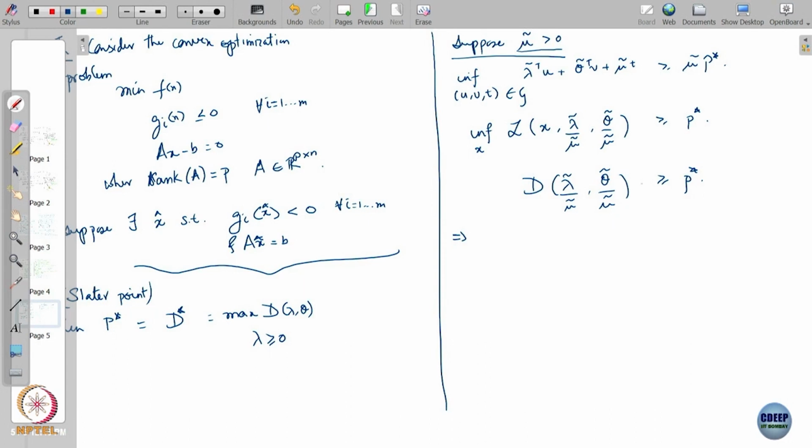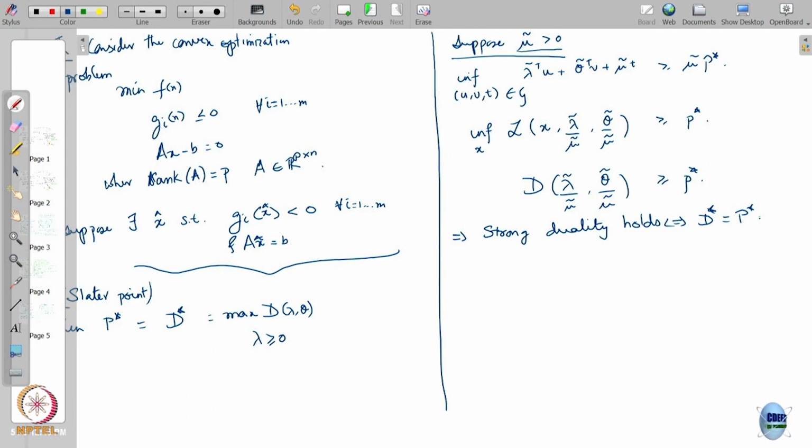So, this implies strong duality holds. Equivalently, d star equals p star. So, when mu tilde is positive, effectively what we have done is we have automatically found a non-vertical supporting hyperplane, and that has given us this particular direction.